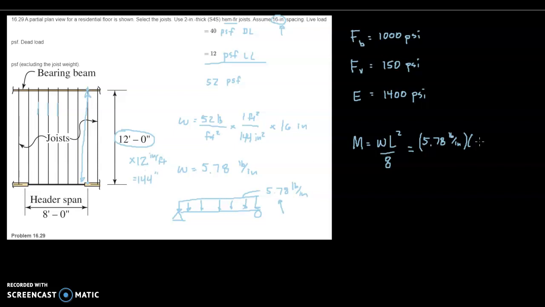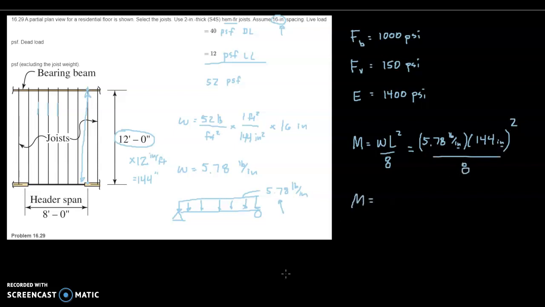That's how long it is in inches. You absolutely need to make sure that you use consistent units. That is by far the most commonly made mistake in these types of problems. So I've got my distributed load times the length squared. Don't forget to square it. That's another common mistake. Divided by 8.